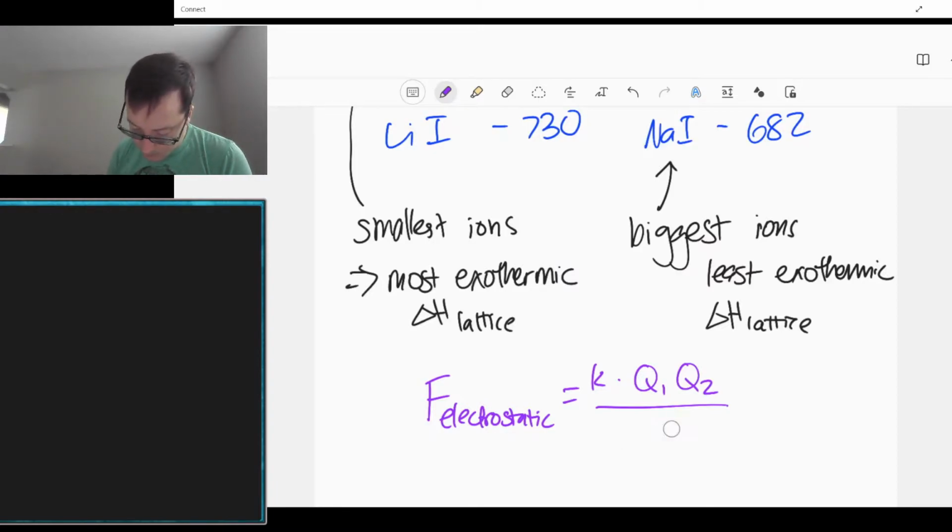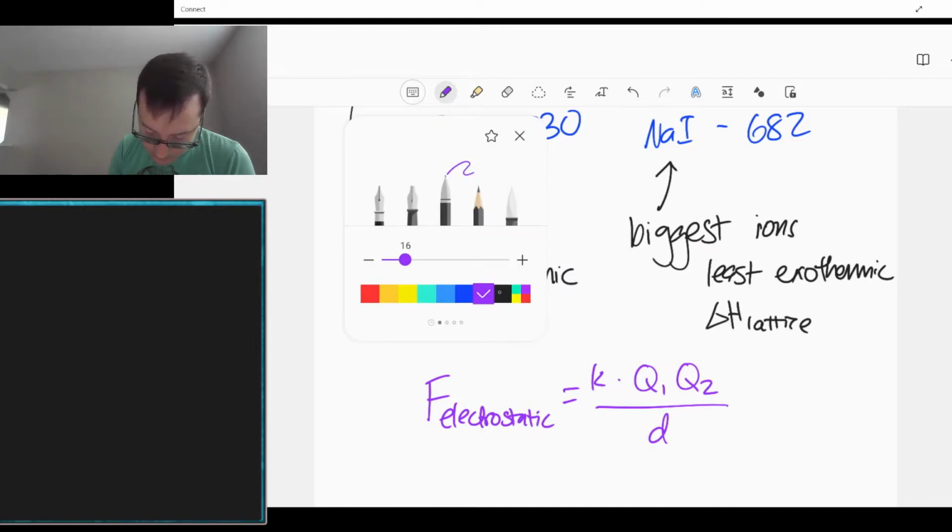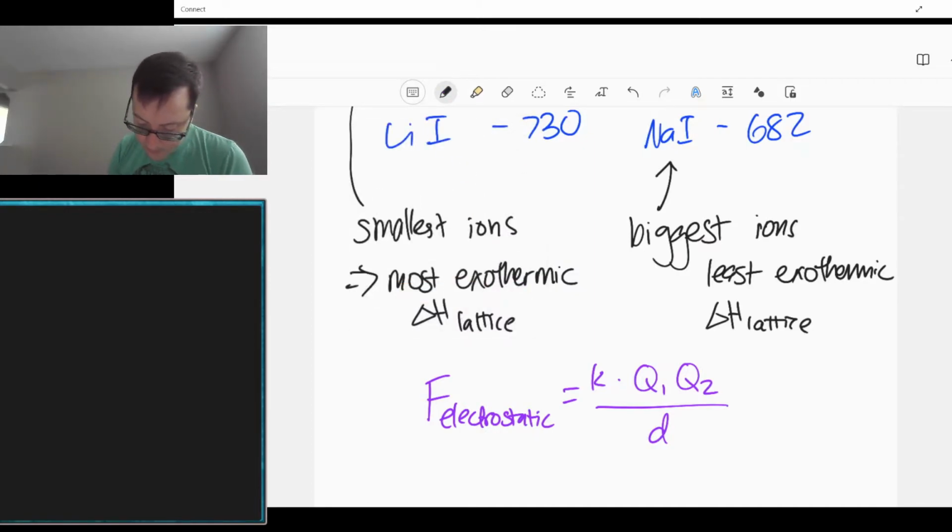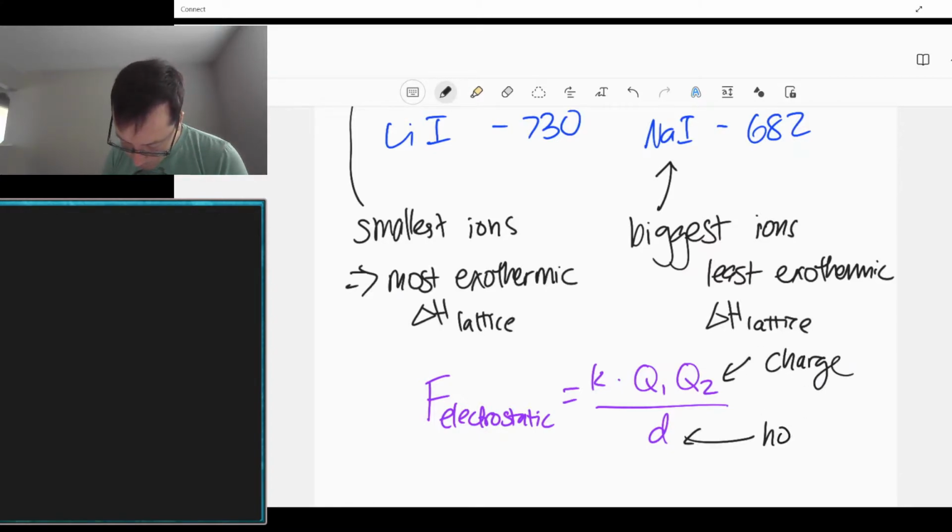Actually, this is more for gravity. We'll say distance or diameter of the whole thing. These represent the charge. Kind of just how big it is. It's kind of the distance in between them.